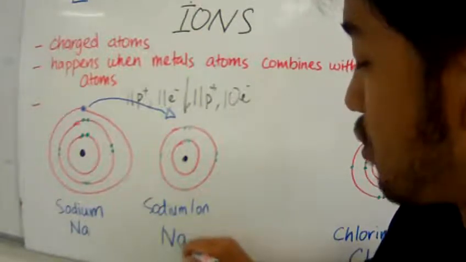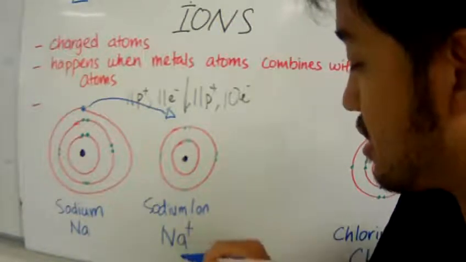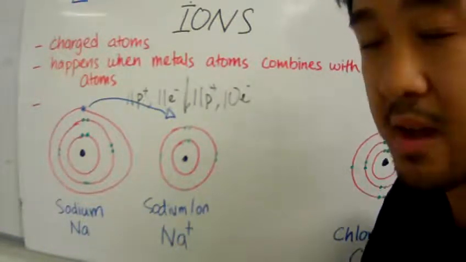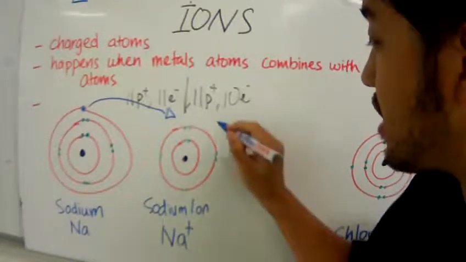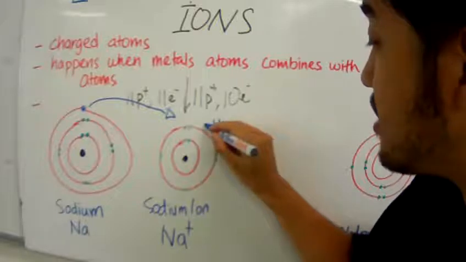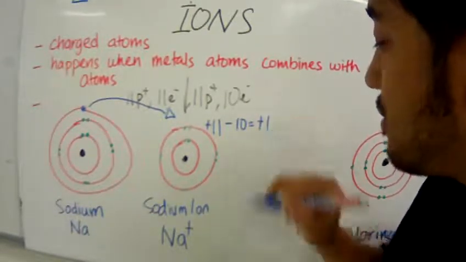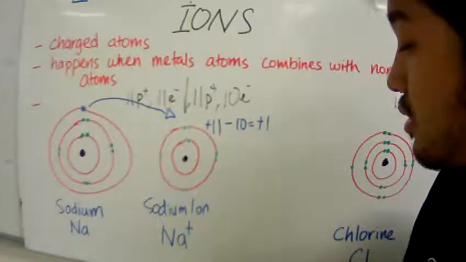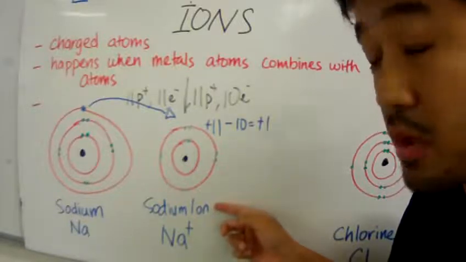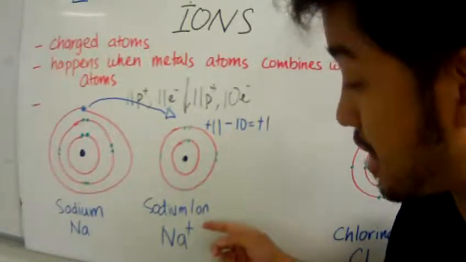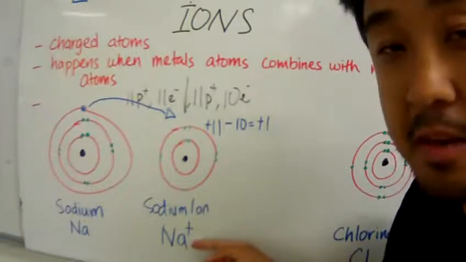So what you have is a sodium ion with one positive charge, because 11 positive minus 10 equals plus 1. All right, so that is the name of the ion, sodium ion, which is a cation because it's a positive ion, and the symbol of sodium ion is Na+.